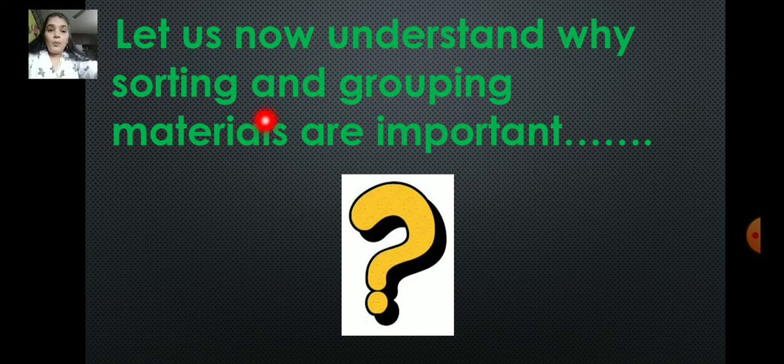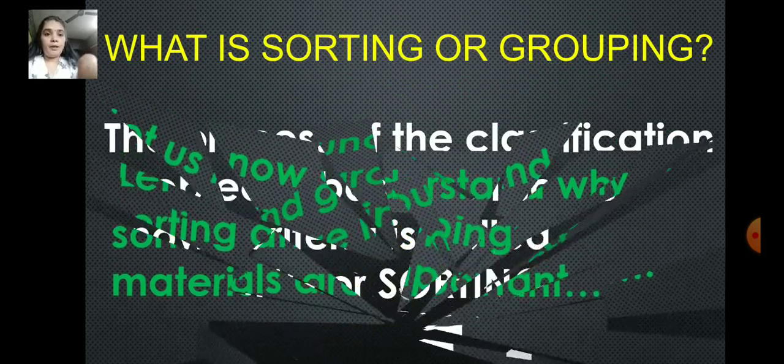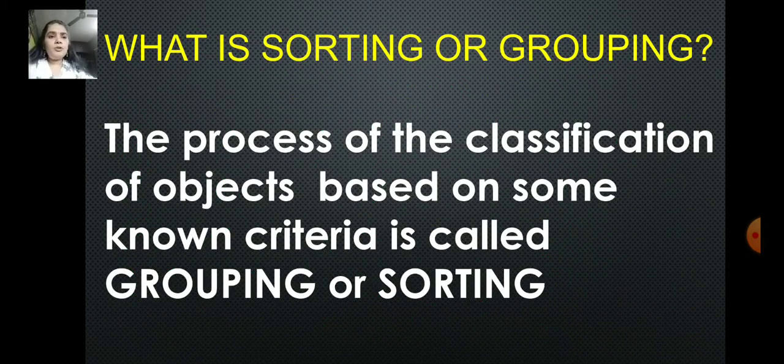Now let us understand why sorting and grouping materials are important. Now, the whole lesson we learned about sorting and grouping. So, why is it important? Now, what is called sorting or grouping?